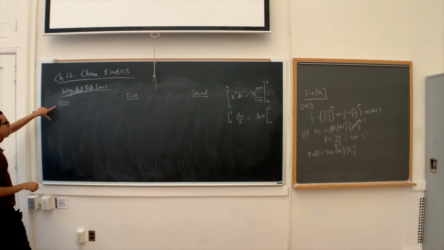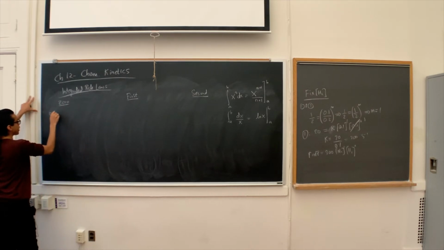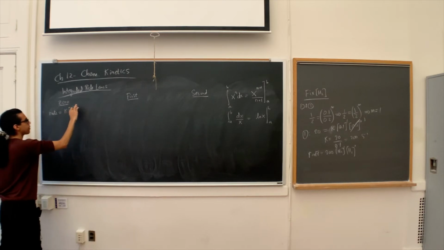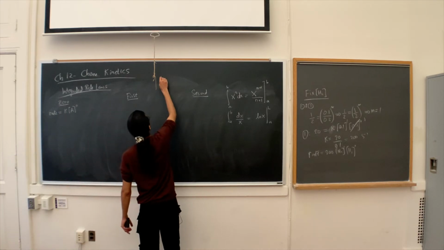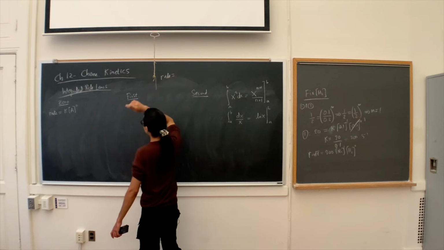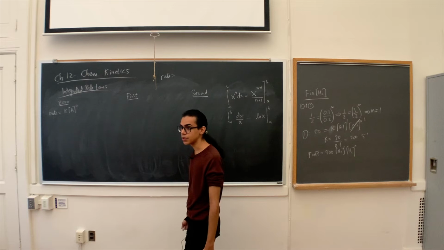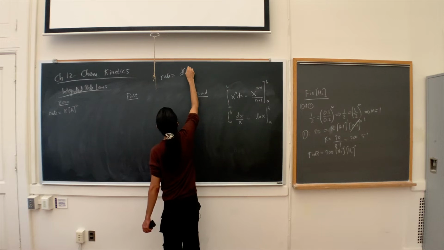So if the reaction is 0th order with respect to, let's say, a reactant A, then its rate law is going to look like this. K times concentration of A to the power of 0. Recall from last class, or 2 weeks ago, rate for a reactant goes like this, right? dA dt.